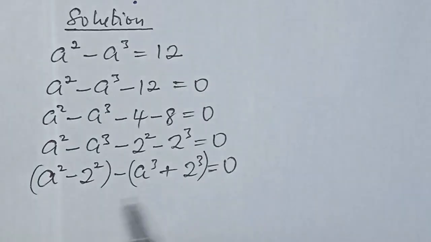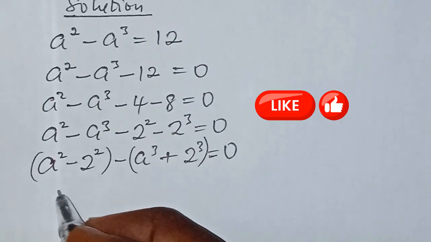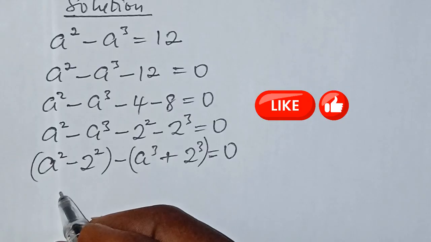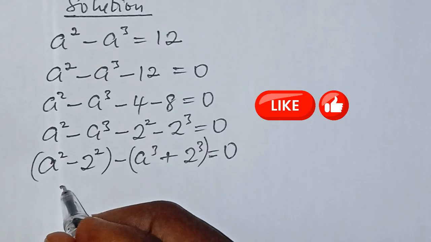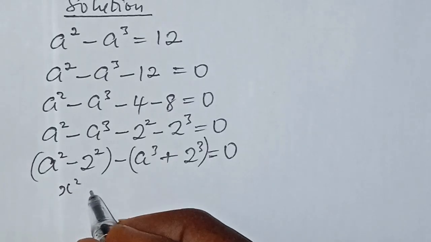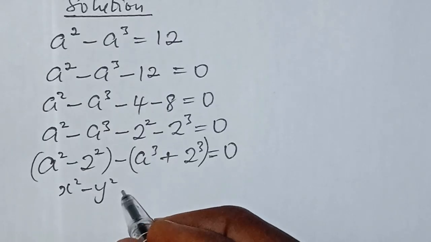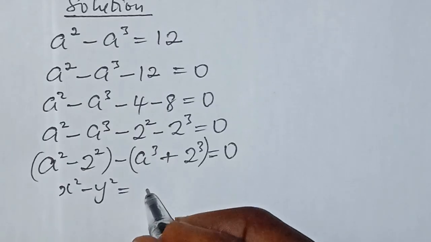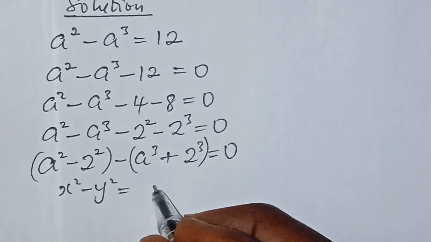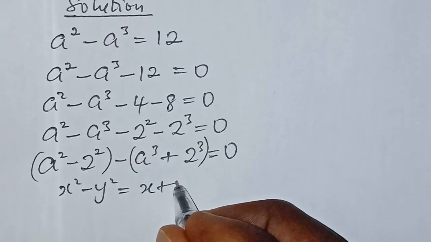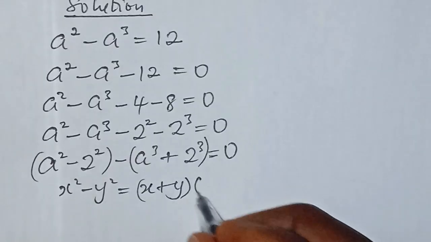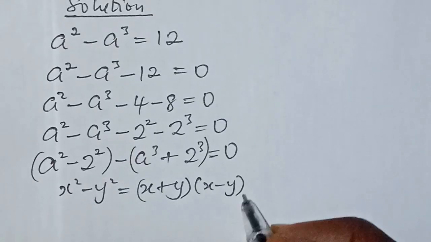So now we use the identity of algebra: if we have x squared minus y squared, this implies difference of two squares, so it can be factorized as x plus y into bracket x minus y.